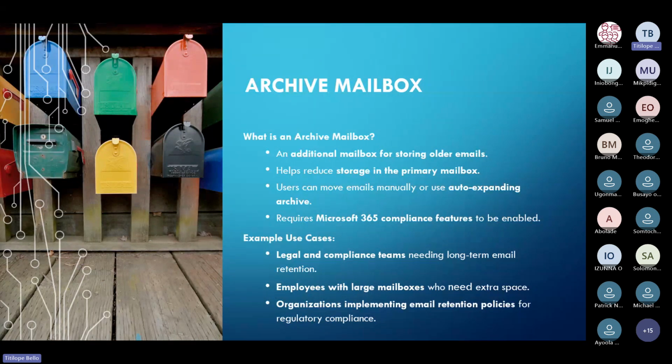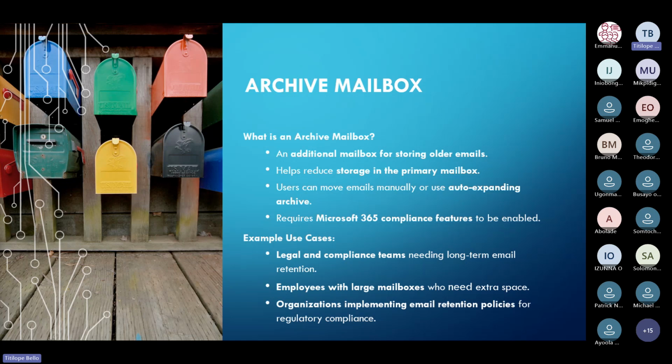An archive mailbox is also personal to you. Now, a resource mailbox is not owned by an individual person. It can be seen, searched, and used by anybody within the organization. But an archive mailbox works hand in hand with either a user mailbox or a shared mailbox, right?